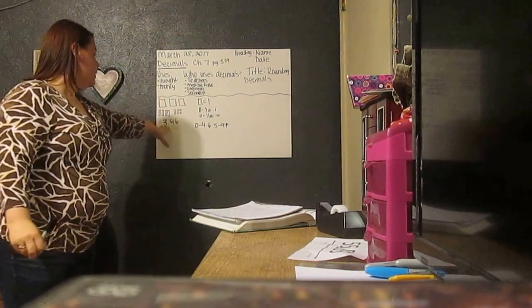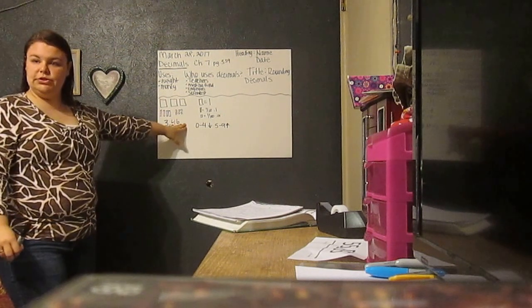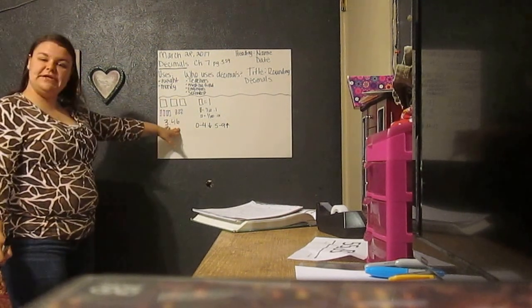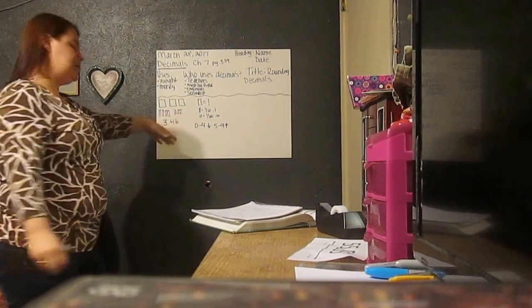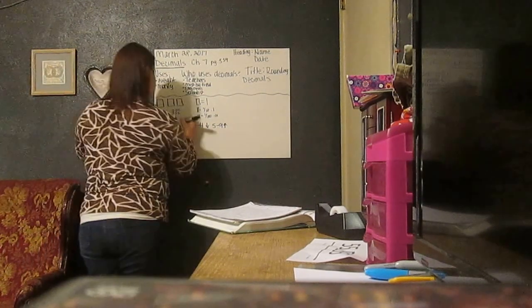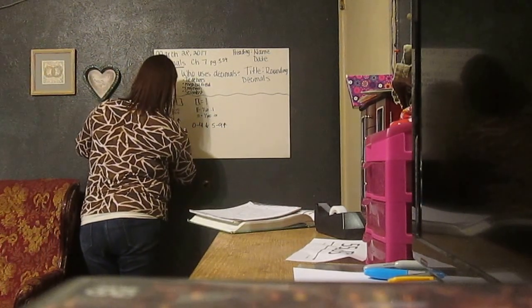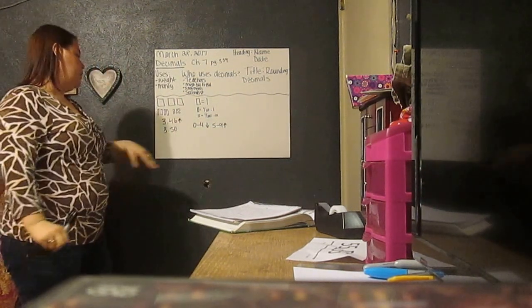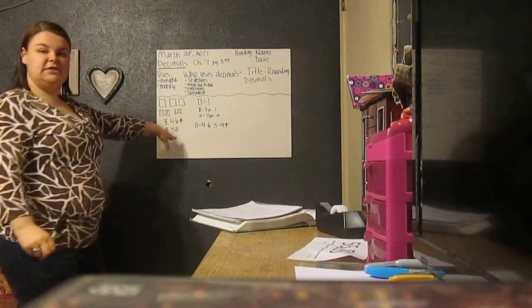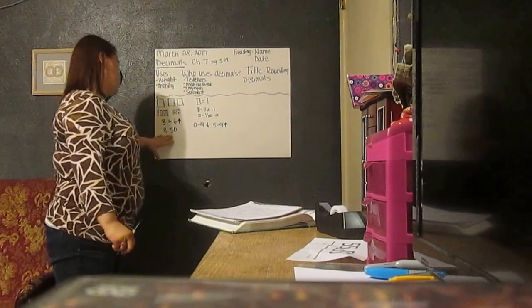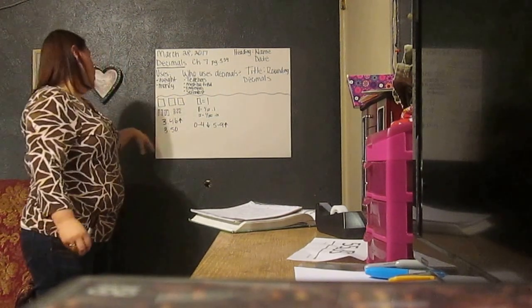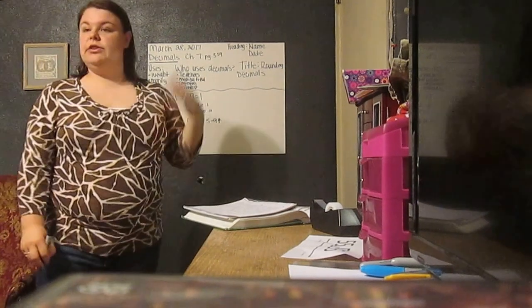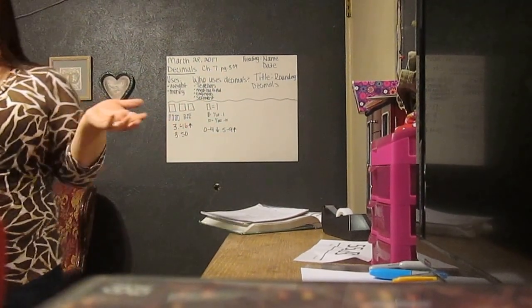So 3 and 46 hundredths, or 3.46, would round up to 3.50 or 3 5/10 or 3 1/2, 3 50/100. There are many ways to say this.